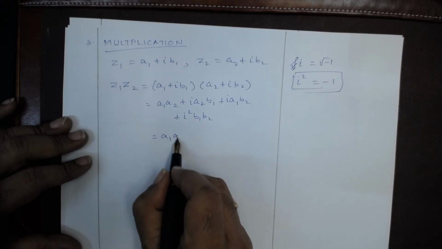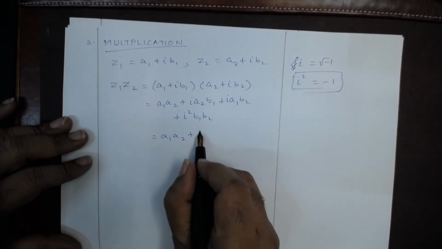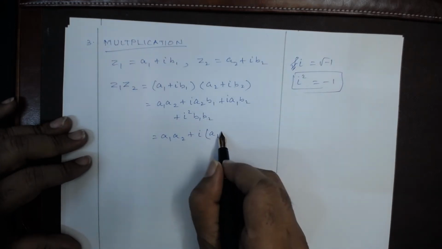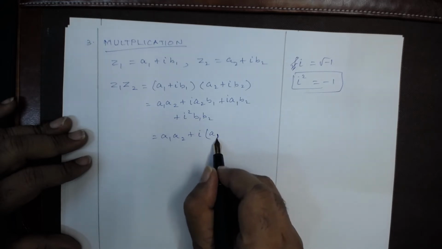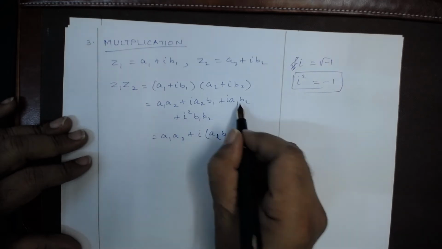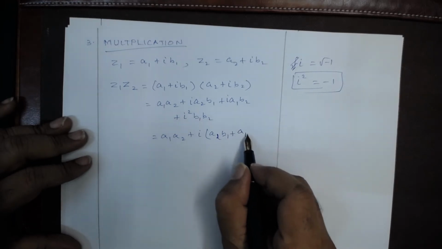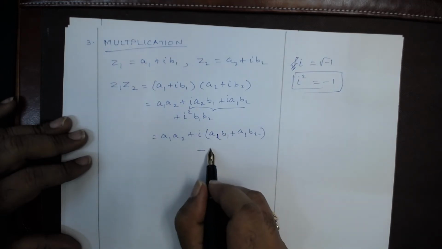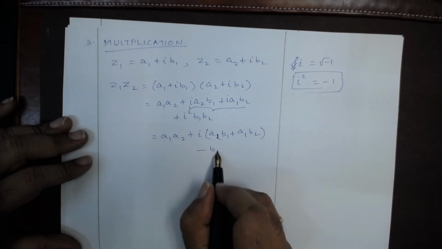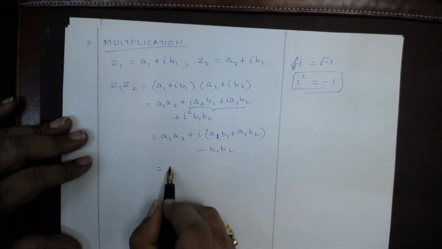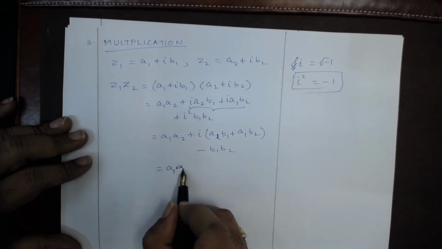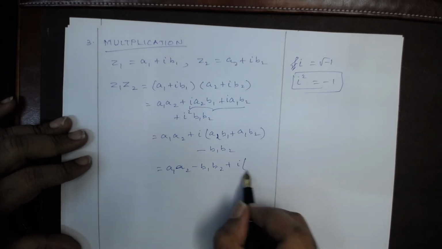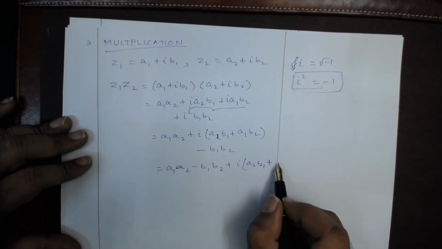Therefore A1 A2 plus i A2 B1 plus i A1 B2 minus B1 B2. It means A1 A2 minus B1 B2 plus i of (A2 B1 plus A1 B2).